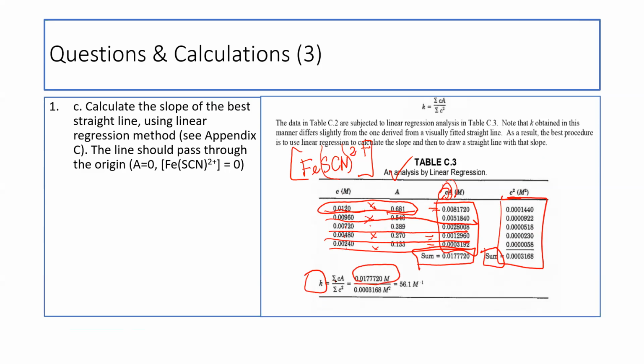Divide this sum, the sum of C times A, over the sum of squared concentrations, and determine K. Okay, I hope it's clear. We have done these types of experiments and calculations in the Gen Chem 1 labs course, so that will be easier. That is our next step.